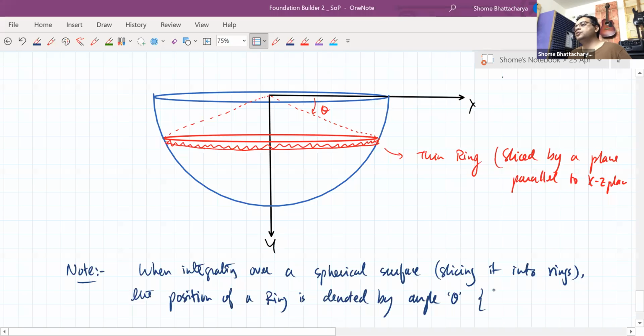Okay, and therefore the variable of integration that we'll use will be theta. Okay, so I'm going to demonstrate this in this integration also, how we do that.